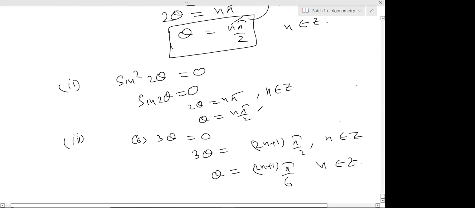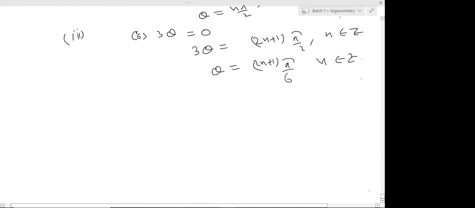Yes, sir. Okay, right. Type 2. Where this will be given: sine theta is equal to sine alpha, or a sine theta is equal to some value. All right.